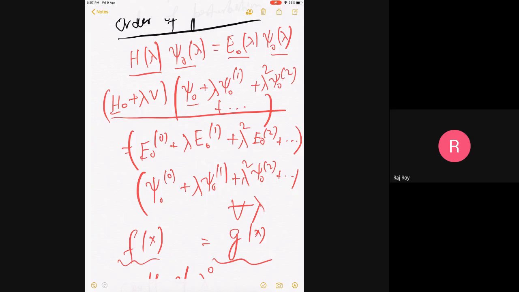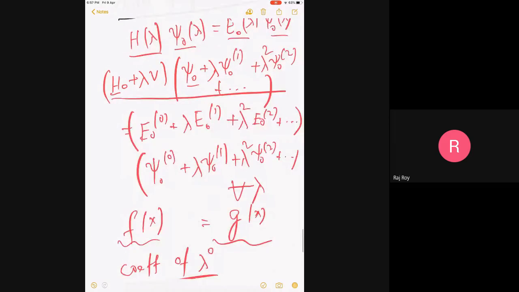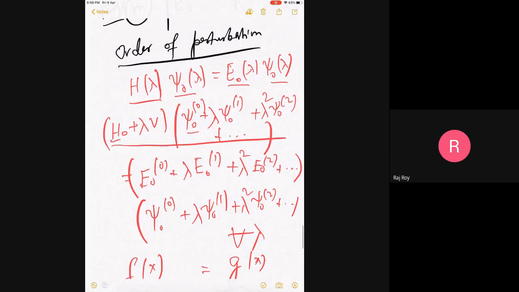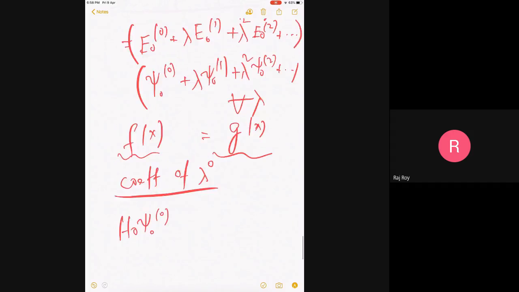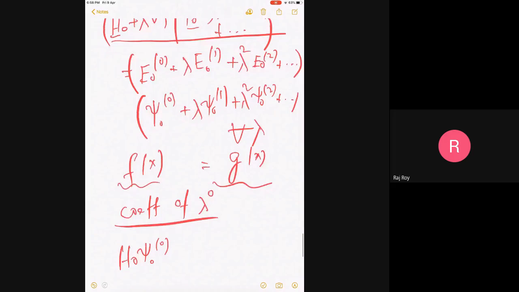So H naught acting on psi naught. Everything else has a lambda. So I have H naught psi 0. Sorry, I have forgotten to write this 0 here. Please remember the symbols are very important, otherwise there will be unnecessary confusion. Okay, H naught psi naught 0. That's the left hand side term. What is on the right hand side? It is simply E naught 0, psi naught 0.